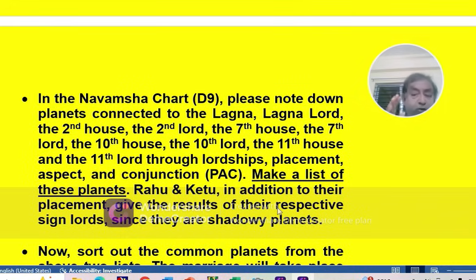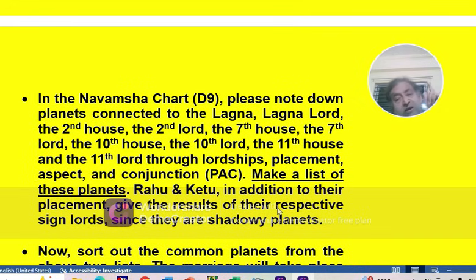And besides lords, you have to find which planets are connected to the Lagna and Lagna Lord, the 2nd house and the 2nd Lord, the 7th house and the 7th Lord, the 10th house and the 10th Lord, the 11th house and the 11th Lord through lordship you have already known, through placement, aspect, and conjunction, means PAC, and make a list of these planets.